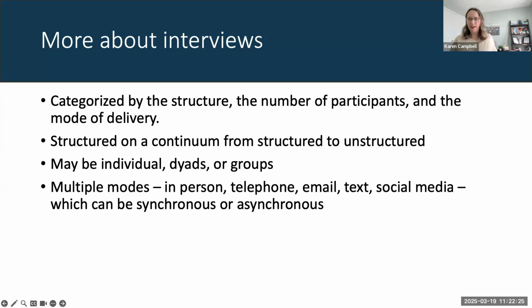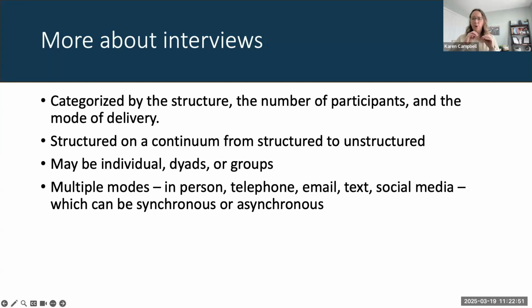For example, patients with prostate cancer that were having sexual dysfunction are probably more likely to share their experiences in a one-on-one rather than in a group. Oftentimes we have dyads as well, and dyads might be a team that works together. It may be parents, it may be partners.